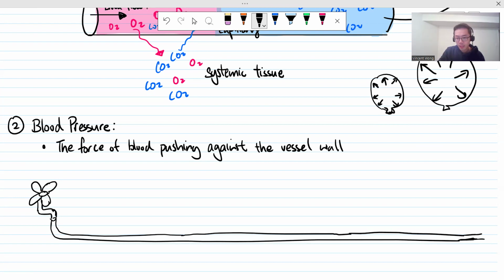Really long hose. In this hose, we are going to poke some holes. You're going to take something sharp and poke some holes into it. Just visualize this.